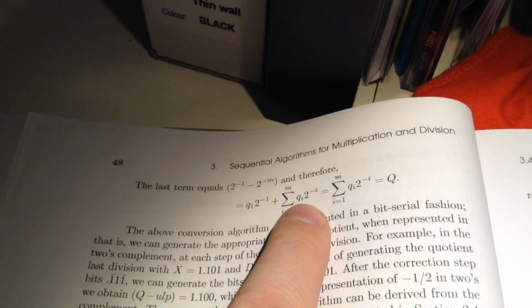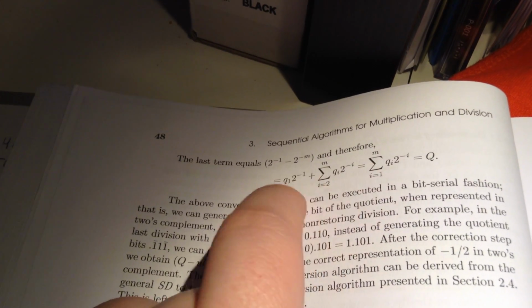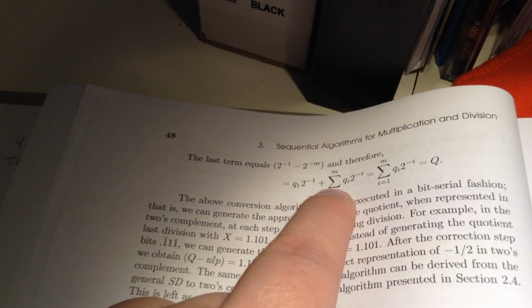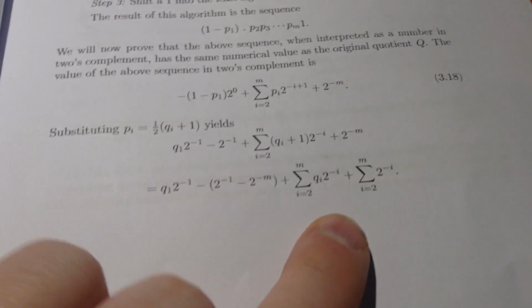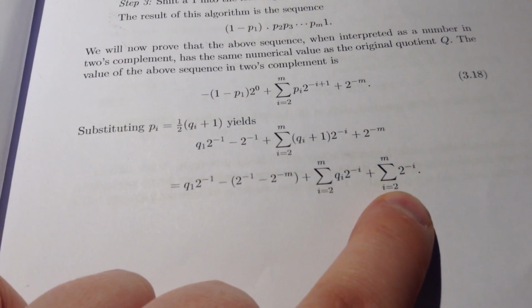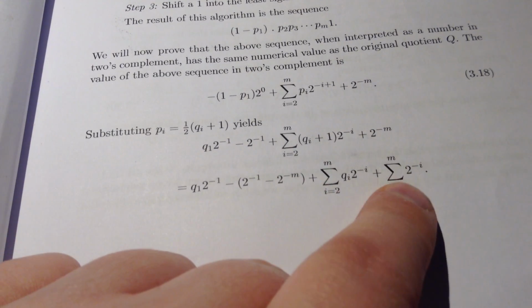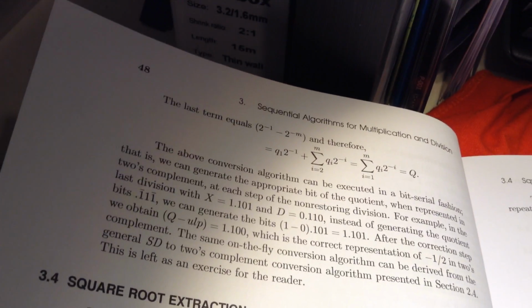And you can see you don't have that much in your sum anymore. You only have the sum with the q quotient bit in it. So what it's basically saying is that the last term, I used half an hour to find out what that was. I have to read the book more carefully, I think.